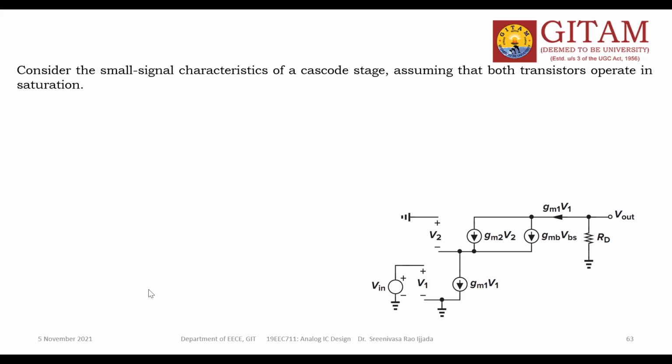This is one device and this is another device. In the first device, that means M1, you are applying the input voltage, so from gate and source you have V1, and the drain of M1 is connected to M2. And the load is also with M2. So this is the small signal model.